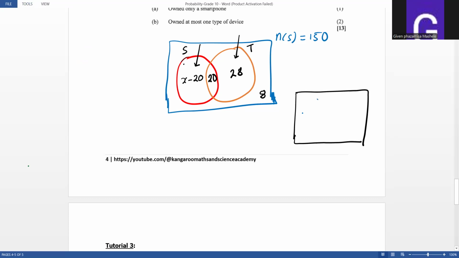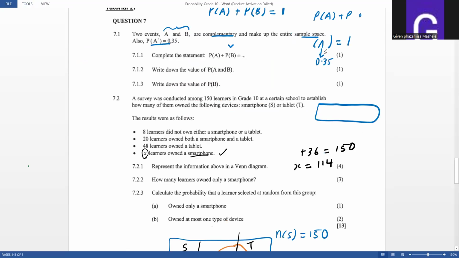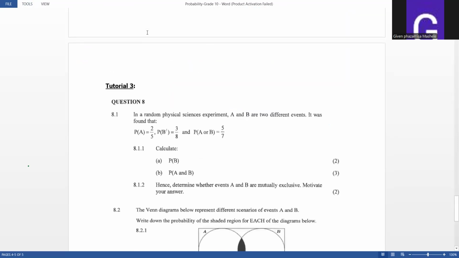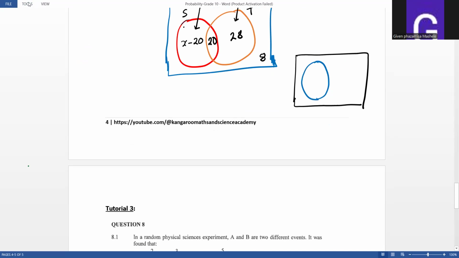So this is for a smartphone, and the other part is for a tablet. So we have a tablet and we have a smartphone.